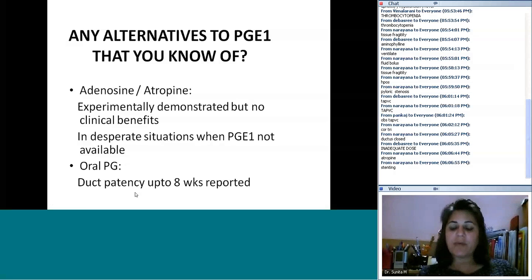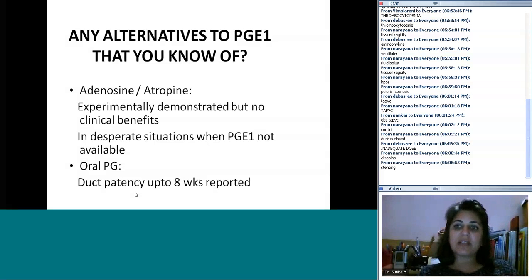So that is one. There is also, by the way, oral prostaglandin available. You should all read up about it. And duct patency up to 8 weeks has been reported using oral prostaglandin. Not available in India, but available if you practice outside. So remember oral prostaglandin, and remember adenosine and atropine. They're of course very short acting.